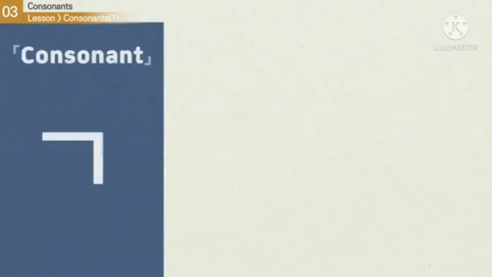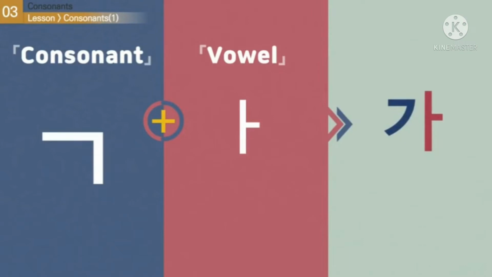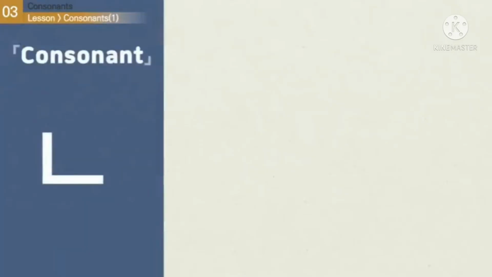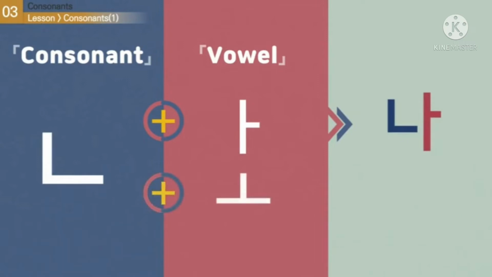If we combine the consonant 기역 and vowel a, it makes the syllable ka. And if we combine the consonant 기역 and vowel o, it makes 고. Combining the consonant 니은 and vowel a makes 나. And the consonant 니은 and vowel o makes 노.